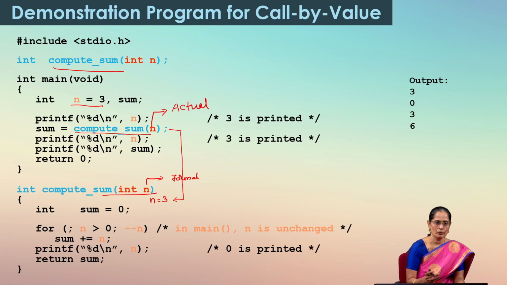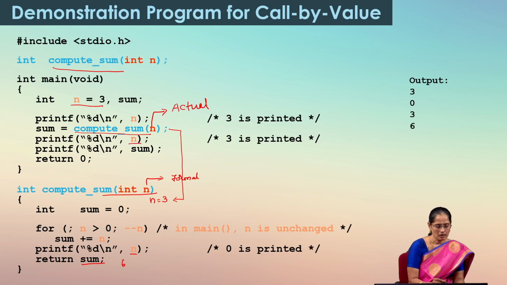So, the sum value will be 6, and we are displaying the value of n inside the function as well as the value of n at the function call place.